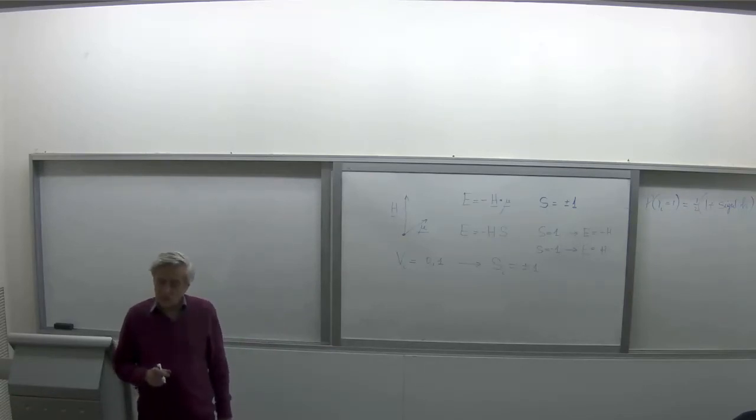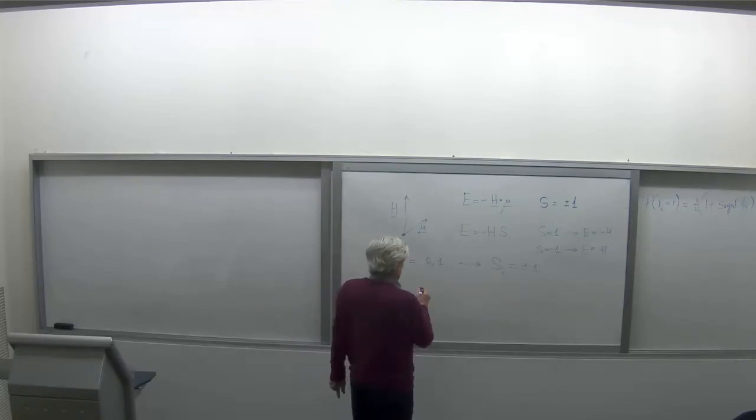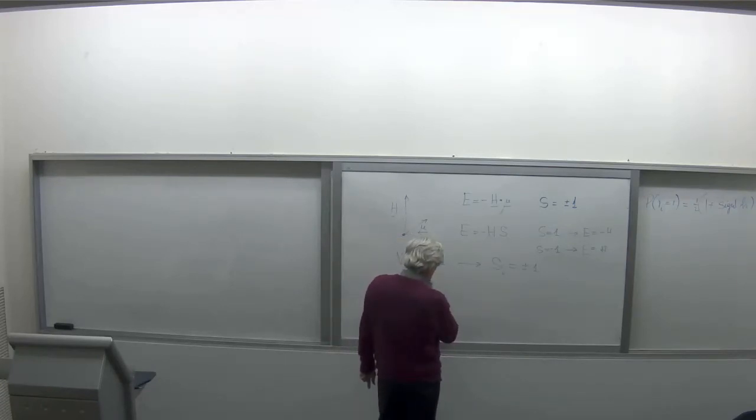VI equals 1 should correspond to SI equal to 1, and 0 to -1, and the way to do it, of course, is SI equals 2 VI minus 1.